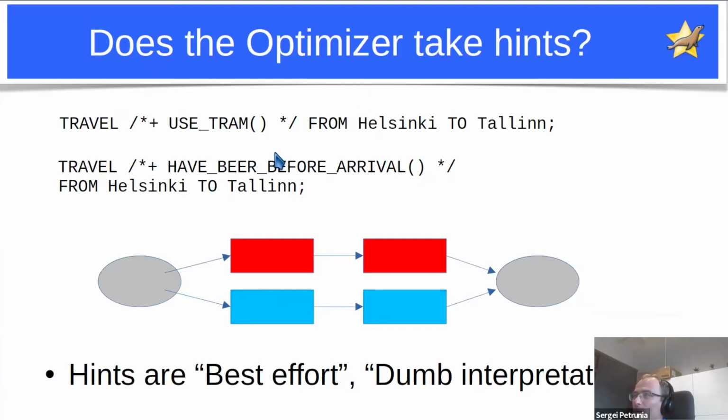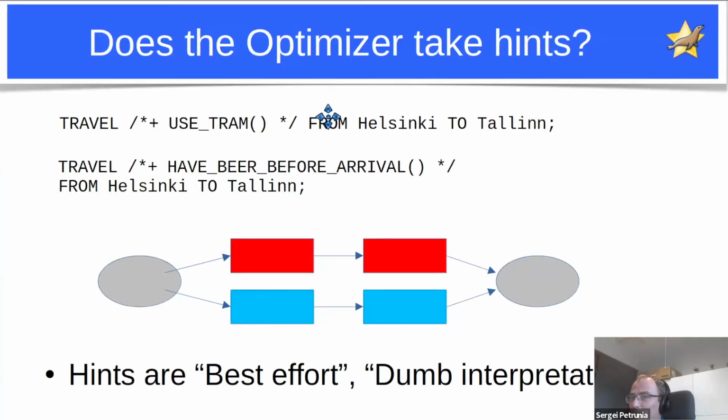If you specify a hint to use tram, does it mean you should automatically also use the ferry and not the airplane? Hint decisions are local. If the hint code sees a direction to do something, it will try to follow that and ignore the cost-based comparisons.